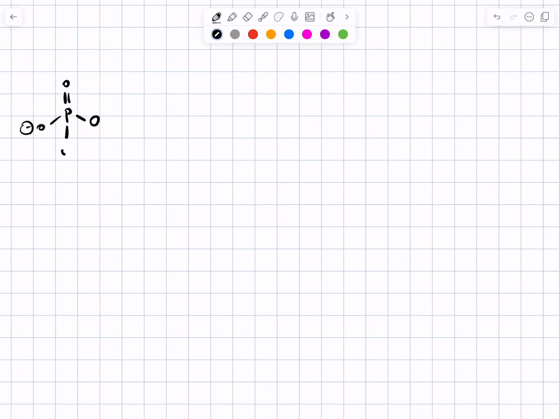The name bisphosphoglycerate comes from, I think, Greek descriptions of how many of something there are, bi for two. Bisphosphoglycerate means there are 2 phosphate groups, though as you can see they are not the same.